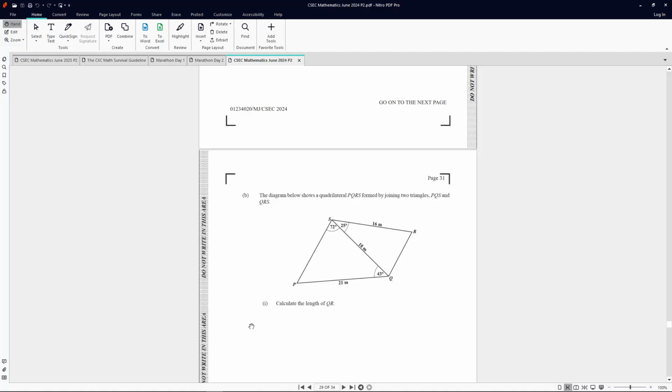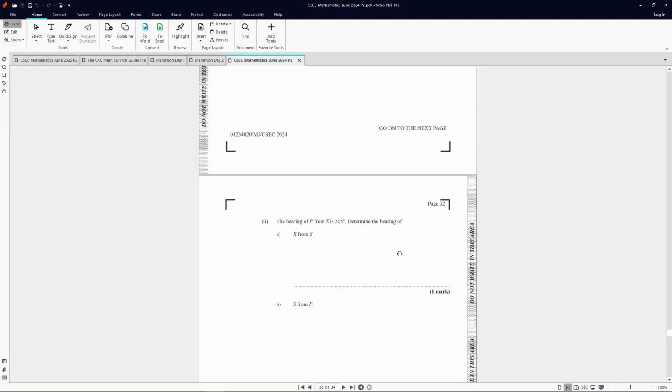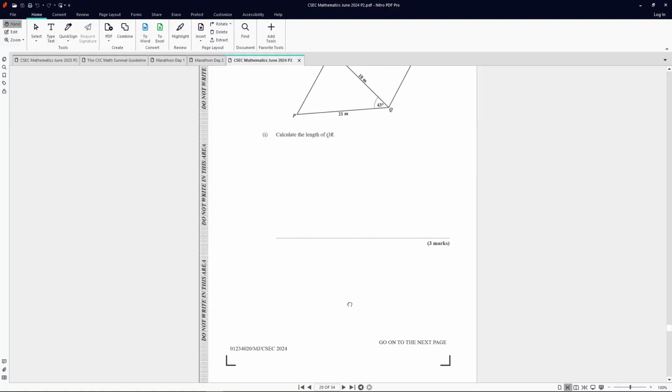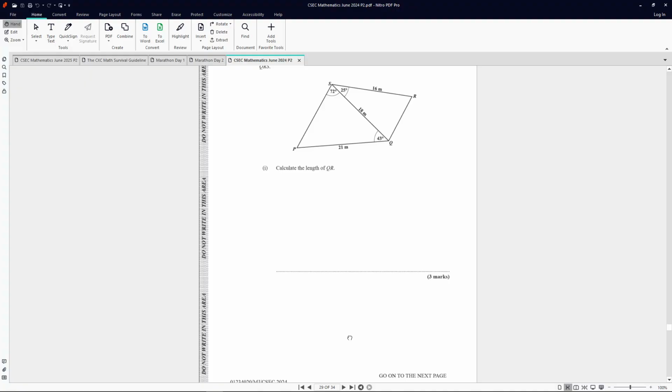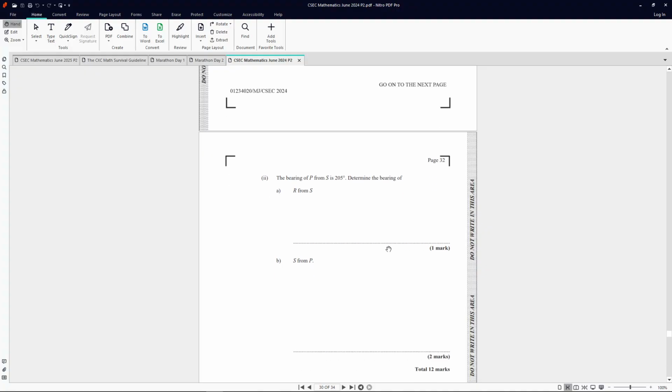Now let's see what else they want from us. This one is 3 marks. Some years they are more lenient with the marks than others.